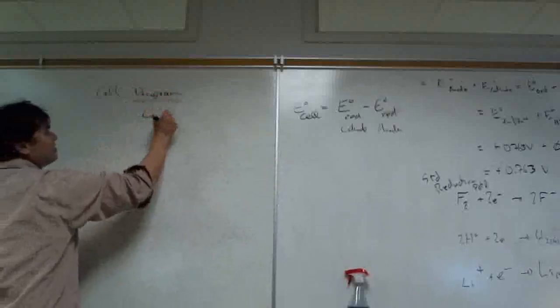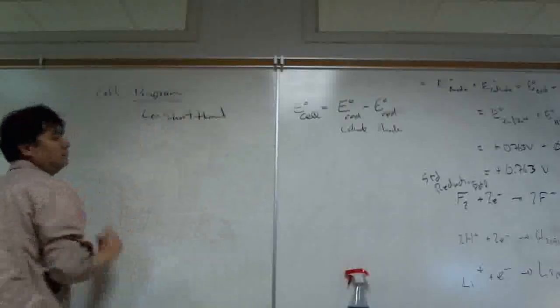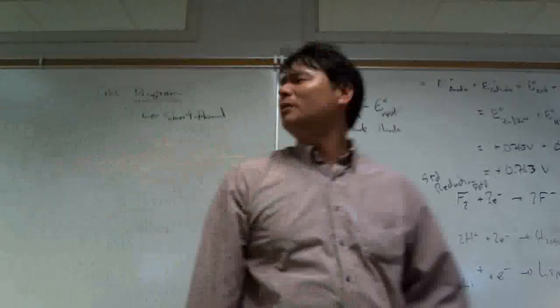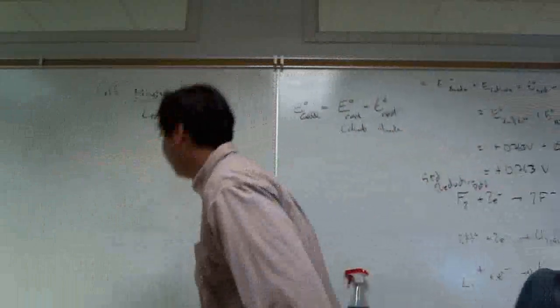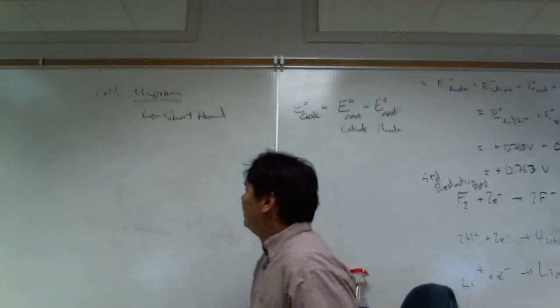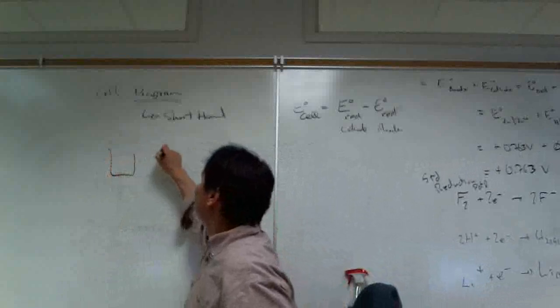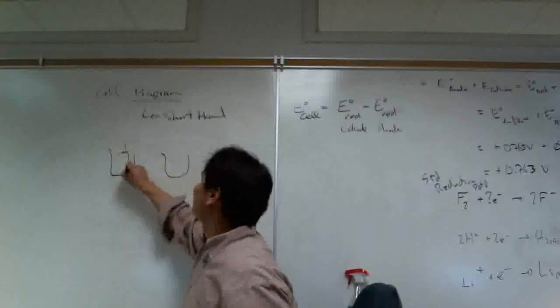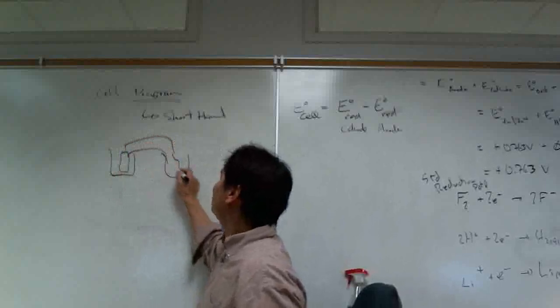The cell diagram is a shorthand representation of the cell. Well, a cell diagram, isn't that what we've been drawing? These beakers and stuff like this, and the electrodes sticking in here, and the salt bridge. Is this a cell diagram?